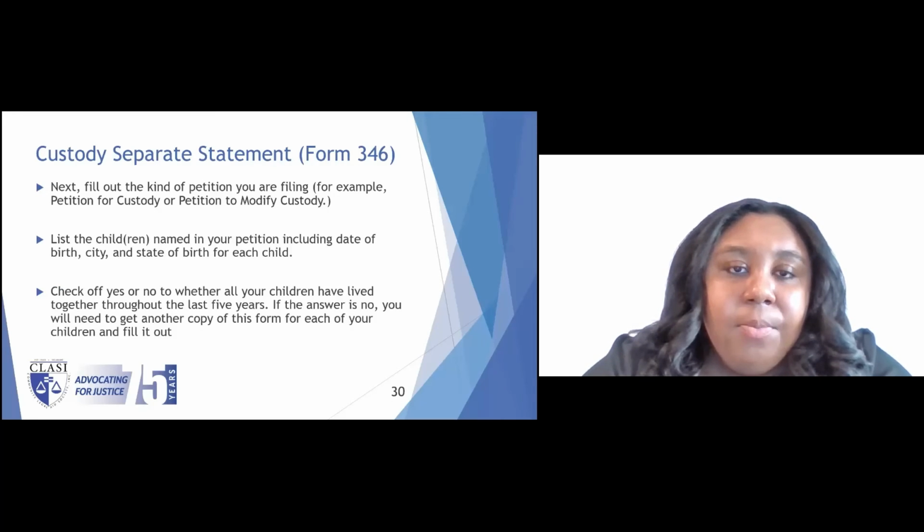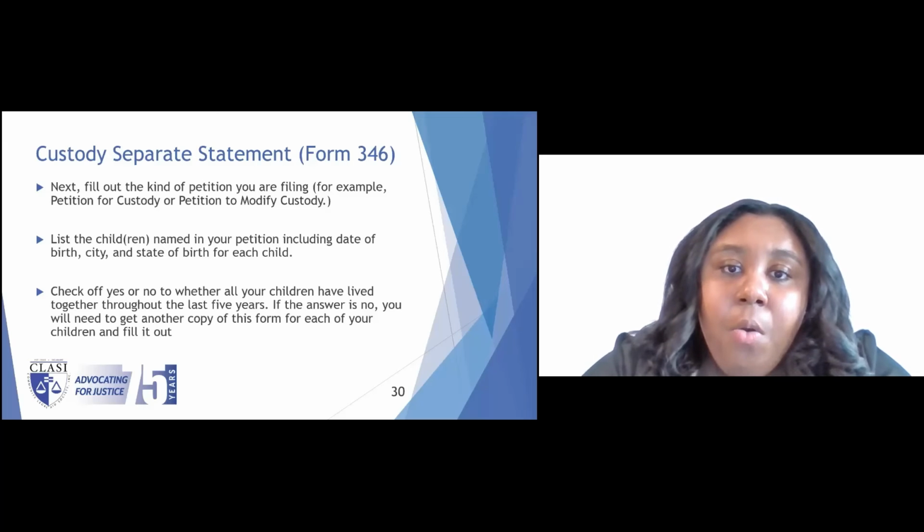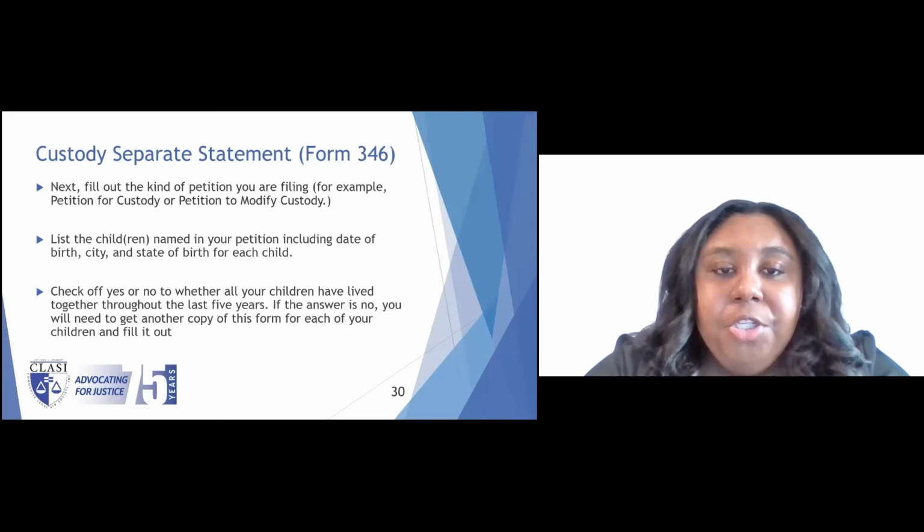The custody separate statement should then list what kind of petition you are filing. For example, you could be filing a petition for custody or a petition to modify custody. Next on the form, list the children named in your petition, including the date of birth, city, and state of birth for each child.